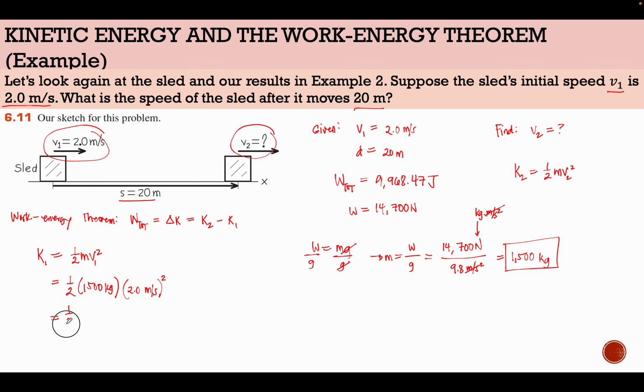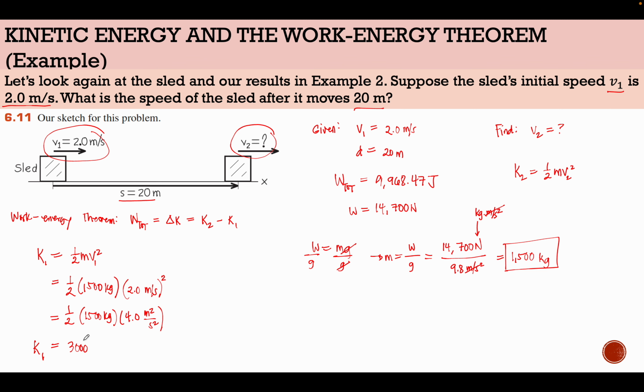So we have again 1/2 times 1,500 kilograms times 4, and then the unit becomes meter squared per second squared. So now the initial kinetic energy is 1/2 times 1,500 times 4, which is equal to 3,000.